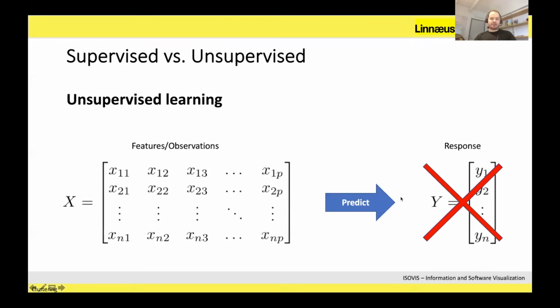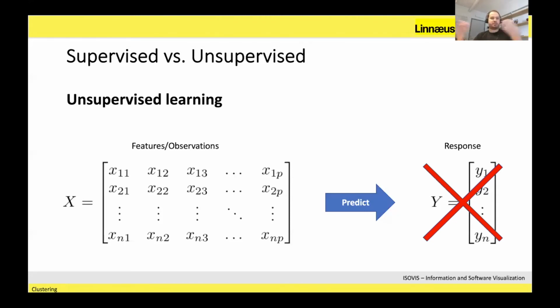For unsupervised learning, we don't have these response variables. We just have the data. And that's why it's called unsupervised. You can think of your machine learning model as being supervised by you, because you're telling the model what's right and what's wrong, right?